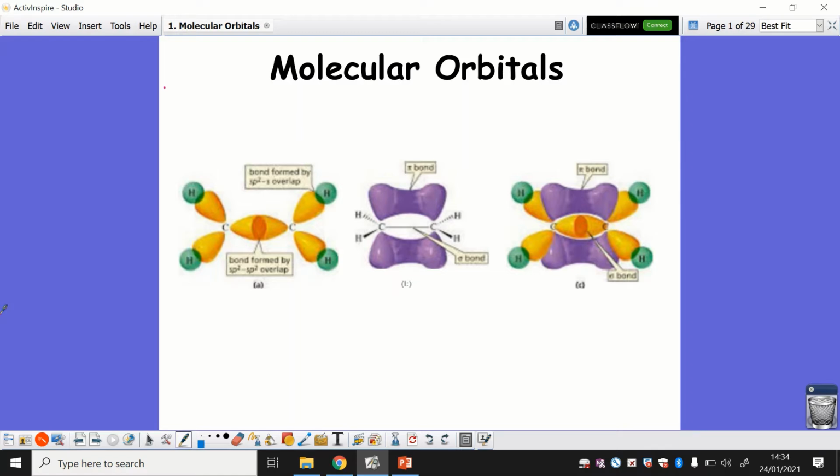Organic chemistry is predominantly carbon-based chemistry, and we're going to look at carbon and how it is involved in different types of bonding, the differences between single bonds and double bonds. And we're going to begin by looking at molecular orbitals, which takes the idea of carbon, its valency of 4, and expands on all that a little bit.